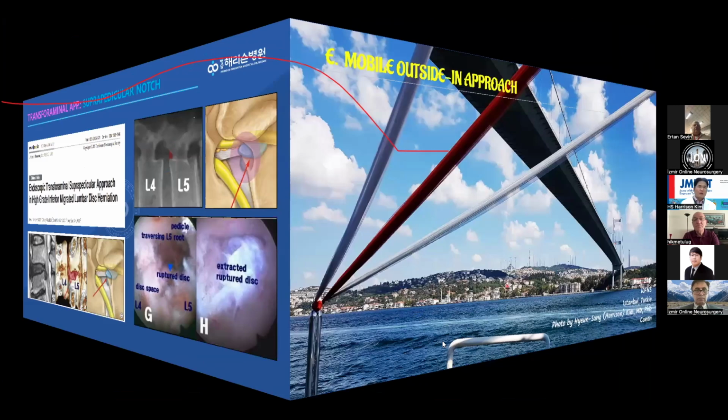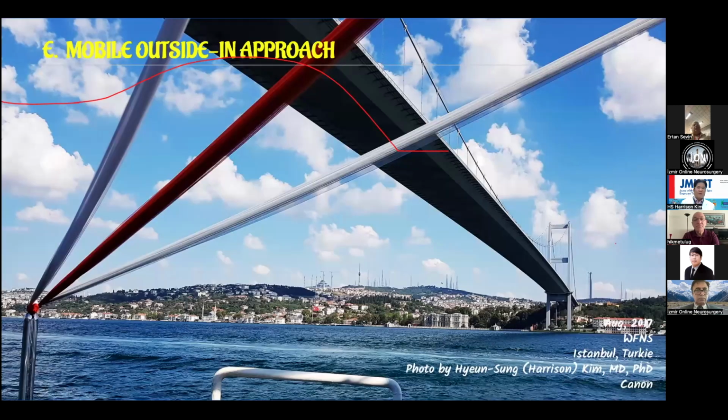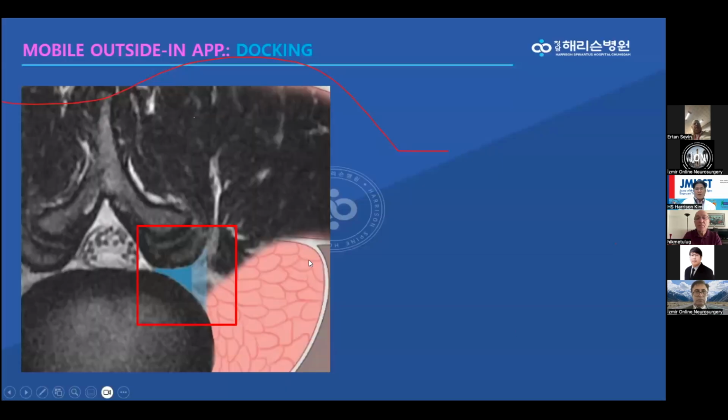Now we are talking about the mobile outside-in approach. This photo was taken from Istanbul, a very beautiful Istanbul river, in 2017 for FNS.